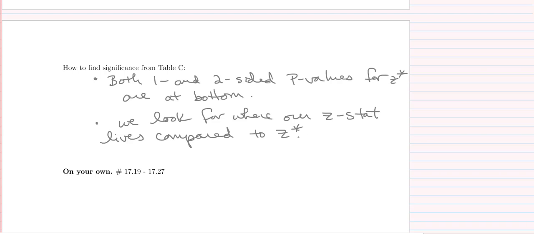Remember, there's a third row there that contains critical values, which are more important when we're talking about confidence intervals.